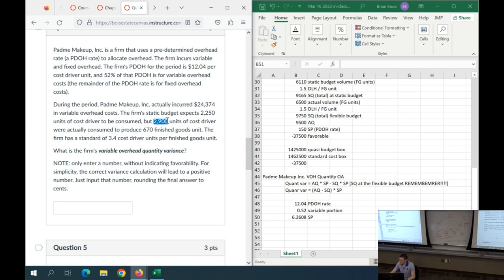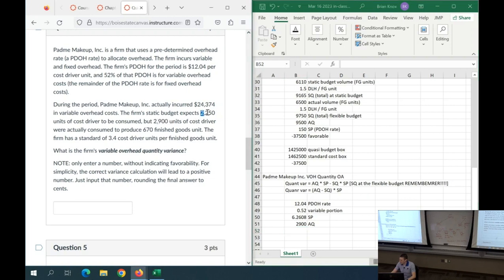Great, that we can pull out. I know one of them is actual quantity. That's the actual quantity of the cost driver. What's the last thing we need? We got AQ. We got SP. We need a standard quantity.